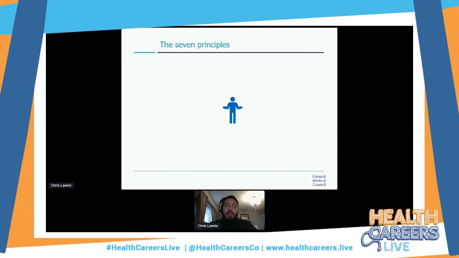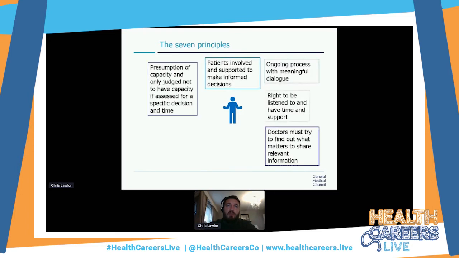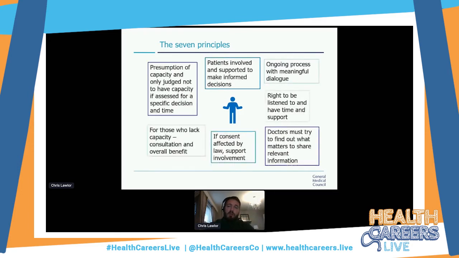So one of the big changes to decision making and consent is that we have introduced the 7 principles of decision making and consent, and this is one of the big changes to the new guidance. We'll just run through the 7 principles here and talk about them in a bit more detail.